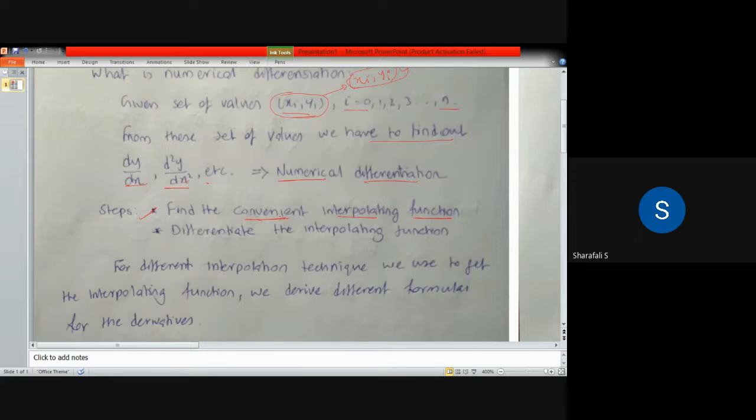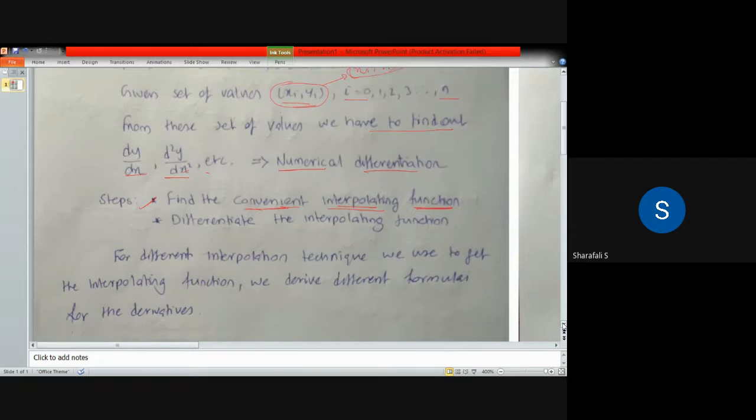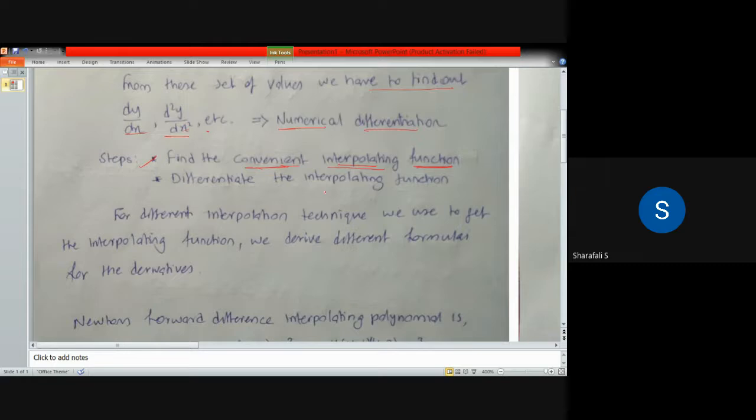Then, after getting that interpolating function, we have to differentiate it. That is the step that we have to follow.